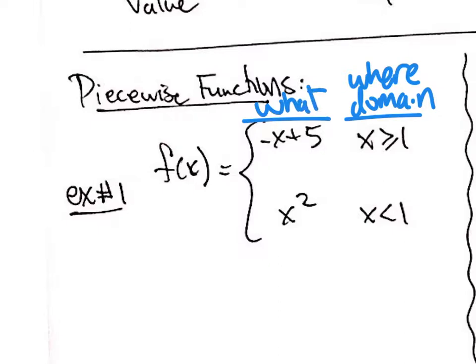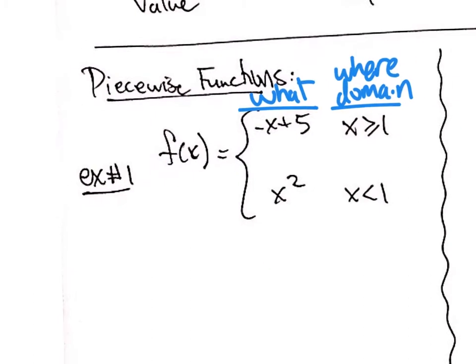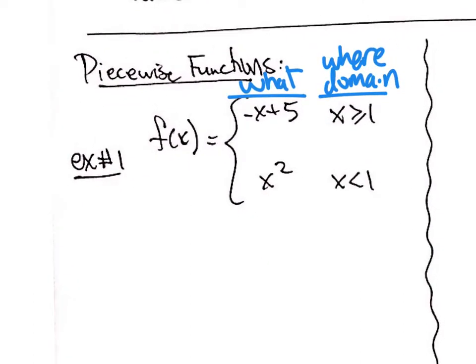So occasionally the y value is a certain function for certain values of x, and it's a different function for different values of x. Tax bracket would be a perfect practical example where the domain would be your income, and then the function is the percentage of your income of taxes that you pay.